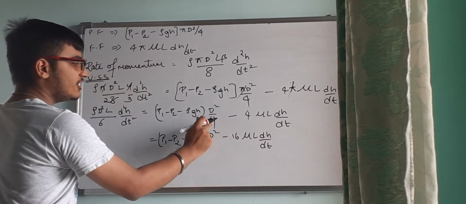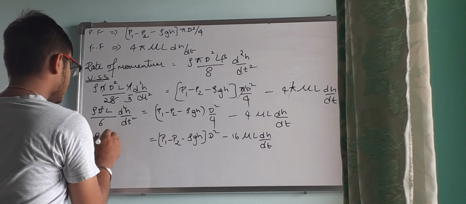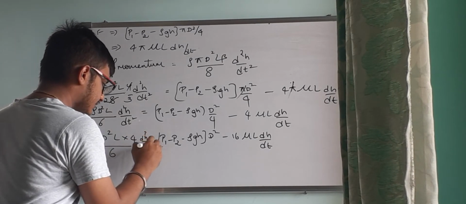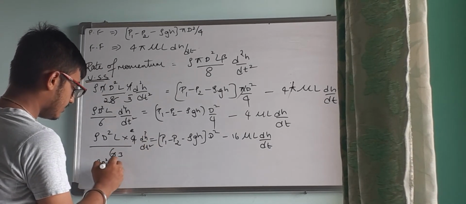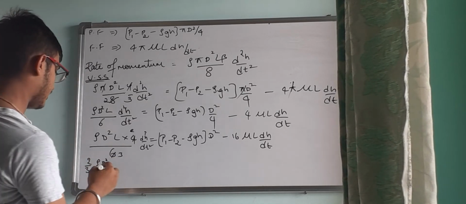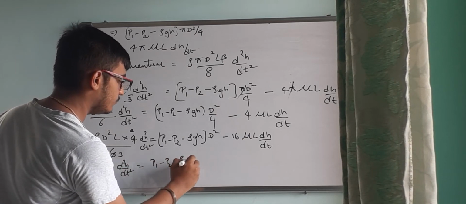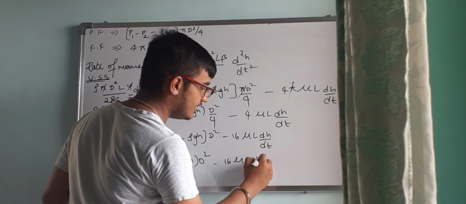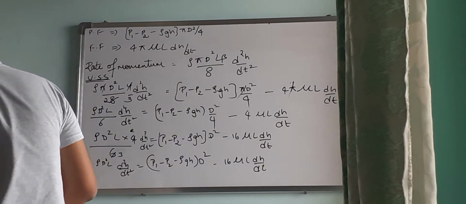If I take the 4 to the other side, rho d square L into 4 by 6 d square h by dt square, so that is 2 by 3 of rho d square L d square h by dt square is equal to P1 minus P2 minus rho g h into d square minus 16 mu L dh by dt.